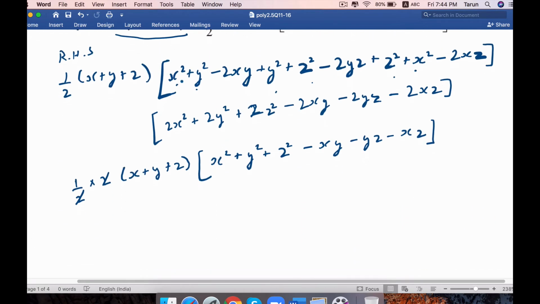So I can straight away now write the identity x cube plus y cube plus z cube minus 3xyz, which is equal to LHS. So hence verified.